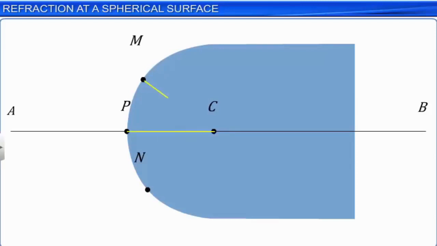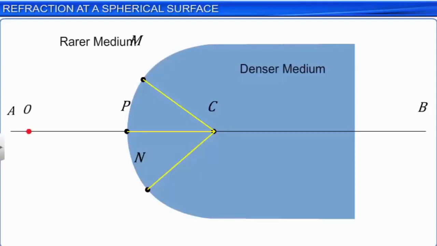Let us assume that the first medium is optically rarer compared to the second medium, and place a point object O on the principal axis in the rarer medium. Now consider the light ray OP. Since it is incident normally on the spherical surface, the ray OP propagates to the denser medium without any deviation.